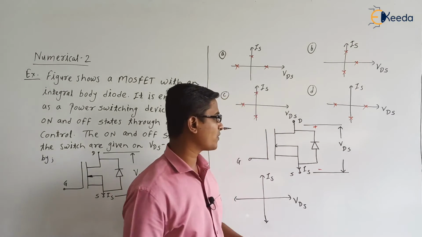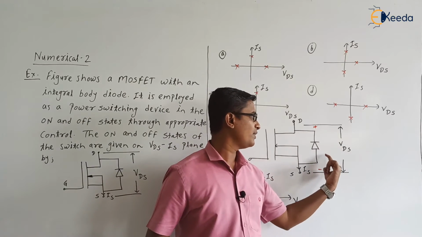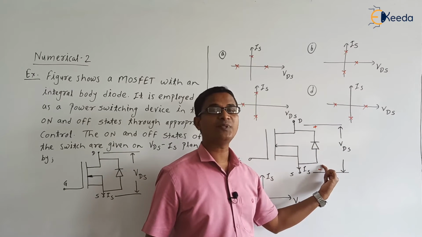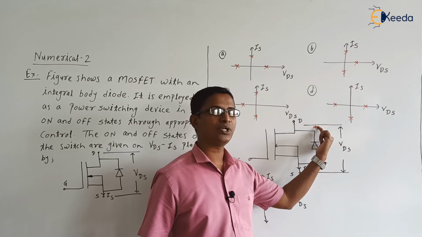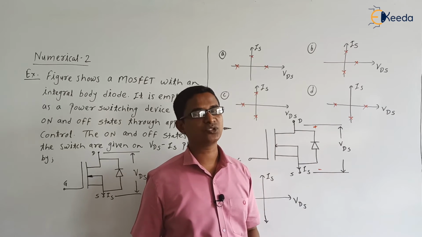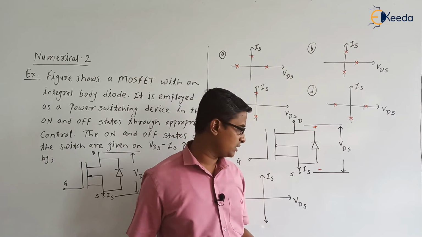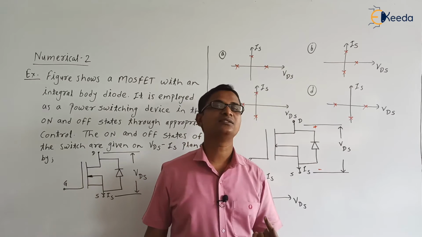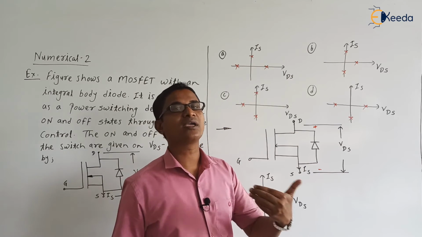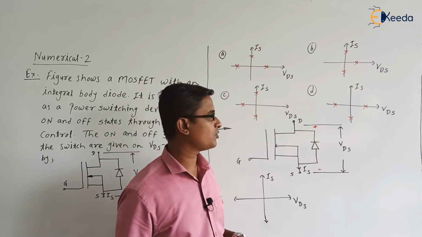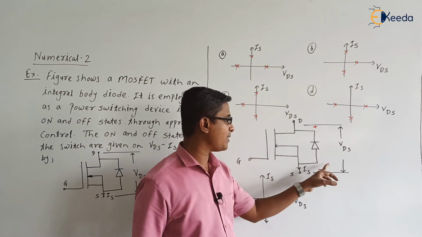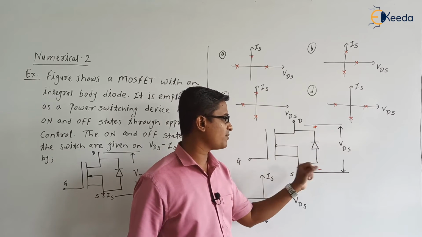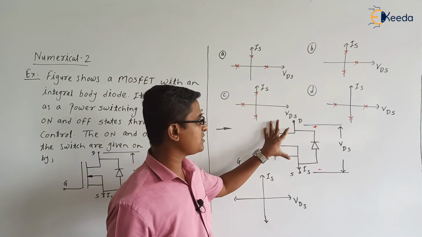Suppose we have connected the external supply between drain and source, of that the positive plate will be connected to the drain, negative plate is connected to the source. And during the unipolar or bipolar analysis, generally we concentrate on blocking state, that is the device is in the off state. So suppose VDS is positive, plus here minus here, and suppose this MOSFET is in the off state.